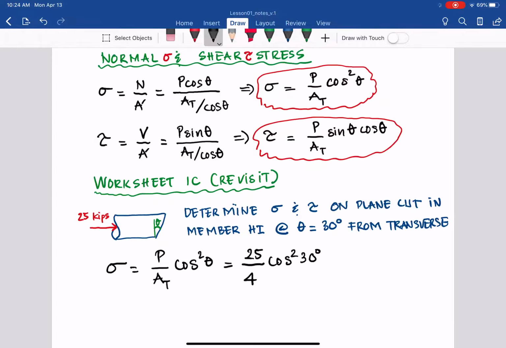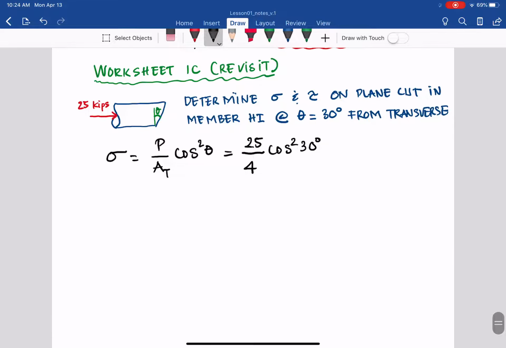From that we can have sigma equal to 4.69, and the unit is KSI, kip per square inch, and it is in compression. That is for sigma.